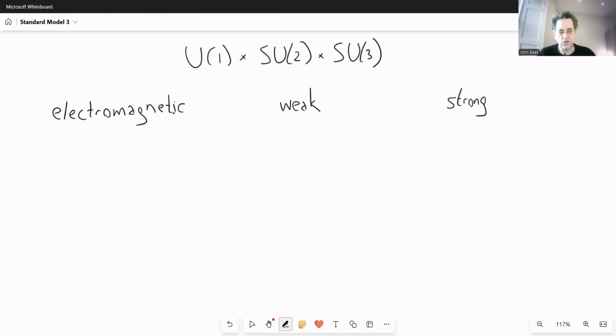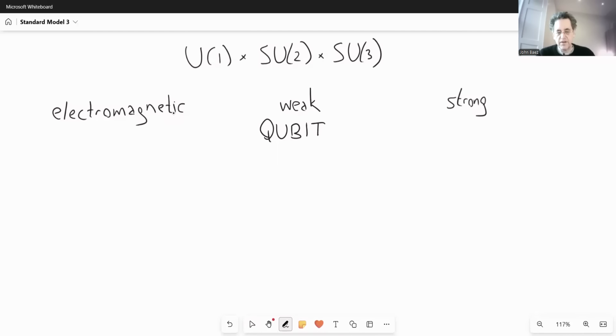So you may have heard about qubits when you're learning about quantum computers. So ordinary classical computers use bits, say 0 and 1, to describe information. A qubit is a quantum bit.